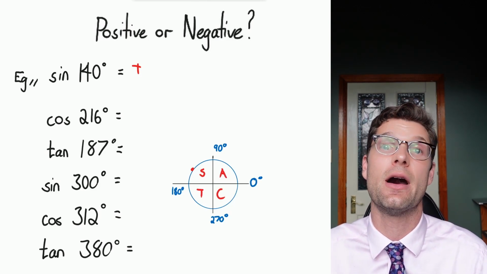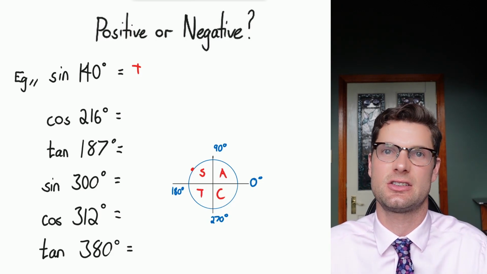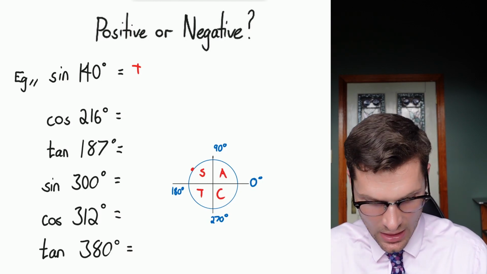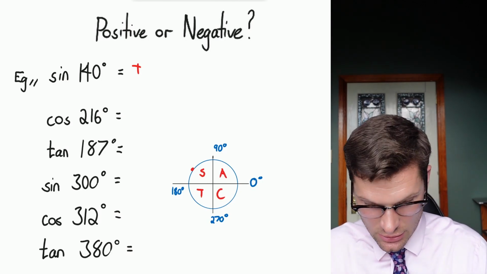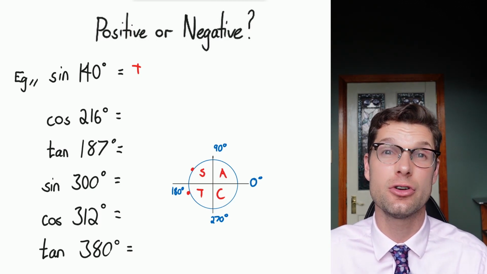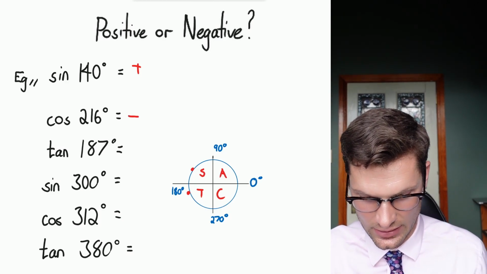Or you can remember that anything from 0 to 180 is going to be positive sine value because it's up on the Cartesian plane. When I've got cos 216, 216 is all the way down here. Cos is negative in that quadrant because x is going to the negative direction, so it's got to be negative here.